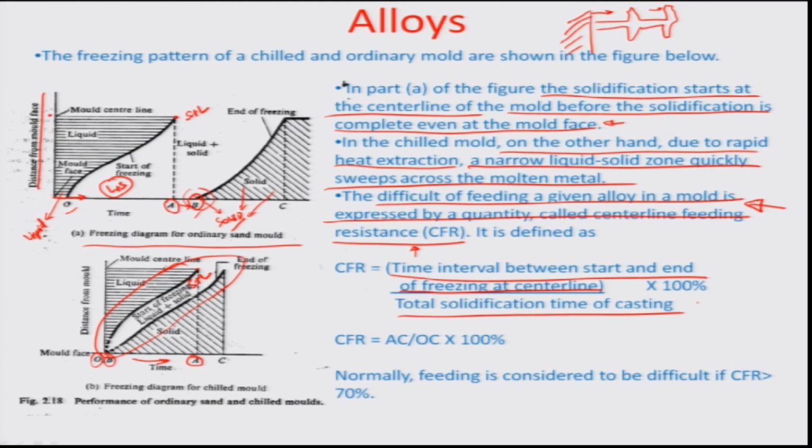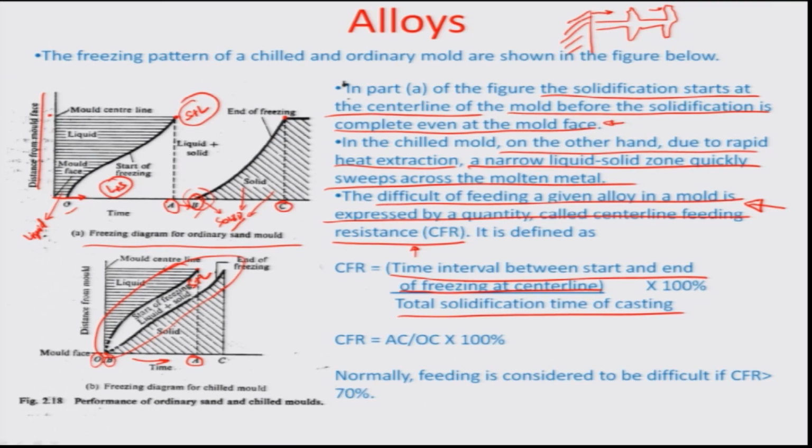So, supposing there is a start and end of freezing here at point A, the center line starts partially freezing, and there is a solid plus liquid mixture developed here until it ends at the point C.